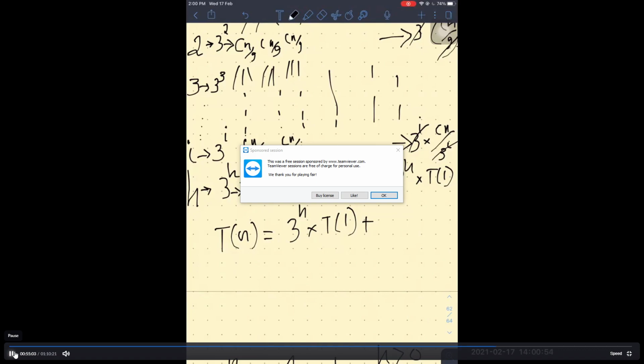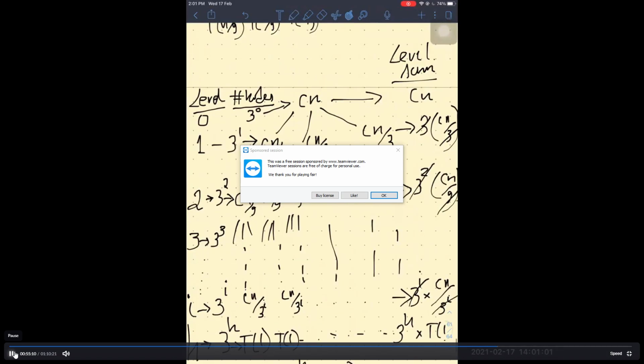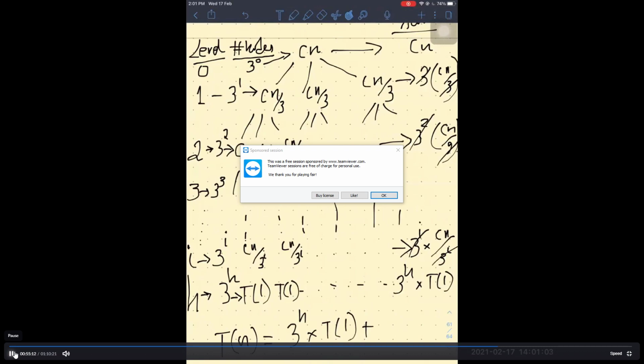So for the last level, we have 3^h times T(1). Then for all the higher levels, we can summarize them as the summation for i equals 0 to h minus 1 of c(n). As we stop at the level before h, we cannot remove 3^h for the last level only.